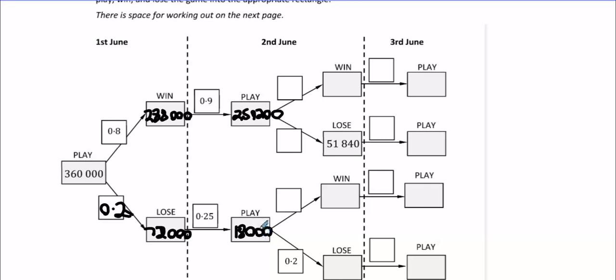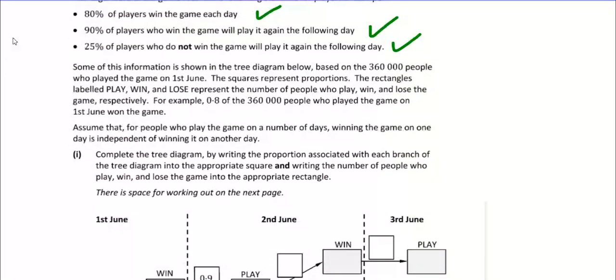Now, the statistics are different for this one. The previous one was 0.8 and 0.2, but because we played the previous day, the statistics have changed. My chance of winning is now 0.9, well, my chance of losing. Oh, sorry, I'm wrong. They claimed that each day is independent, didn't they?